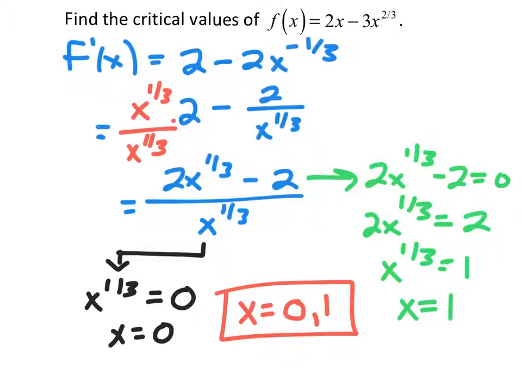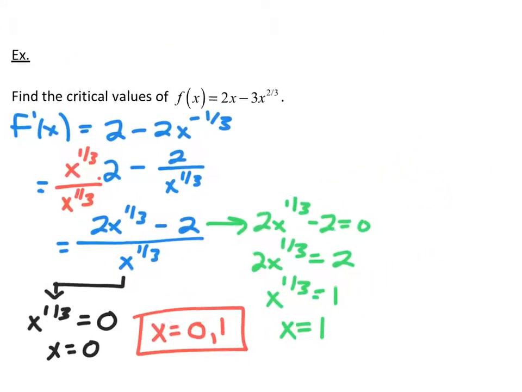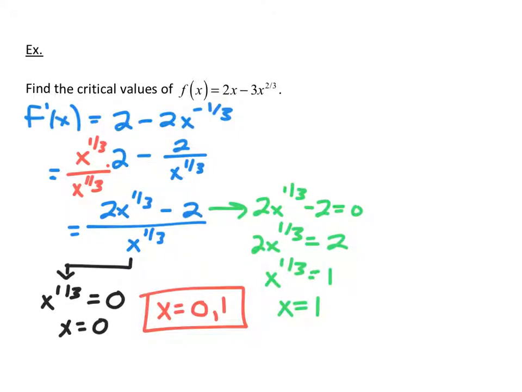Now let me show you what would have happened if I had gone back to this step right here and just set it equal to 0 and did not get a common denominator and combine them into one fraction. So I'm going to move all of this over a little bit. So let's go back to this step right here.